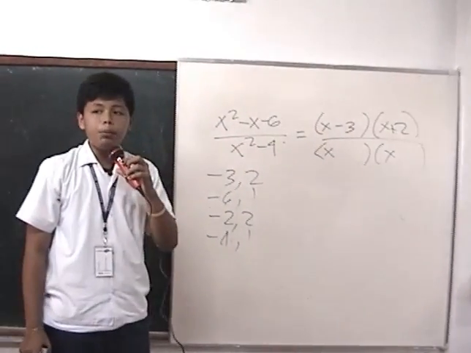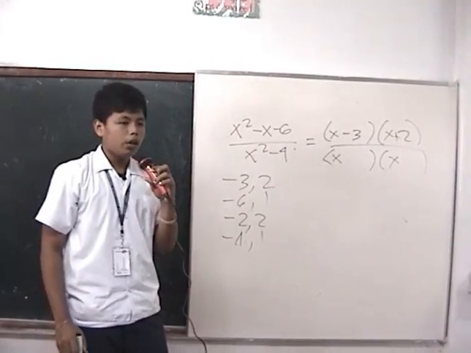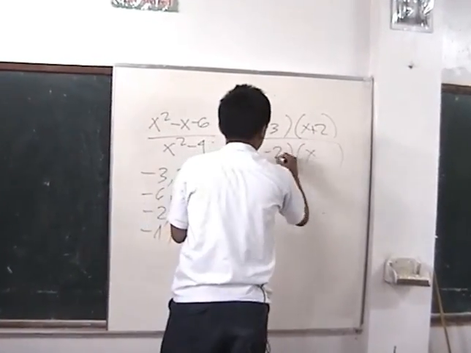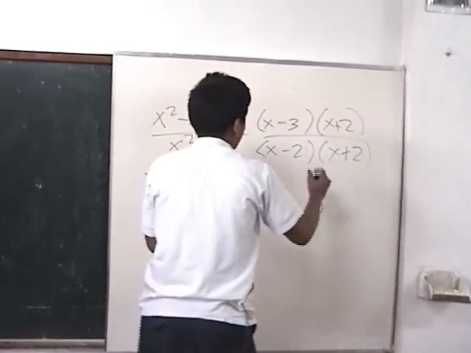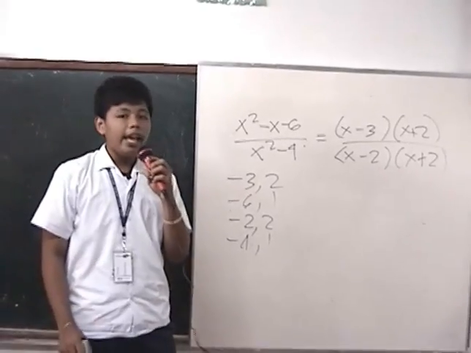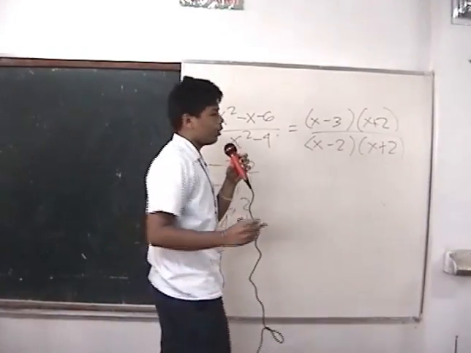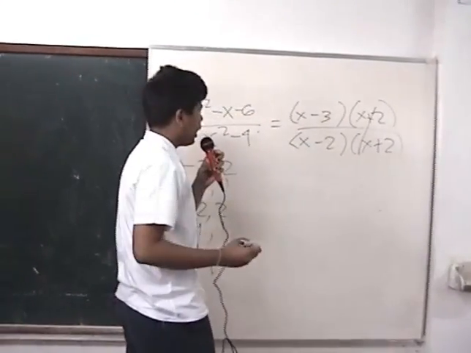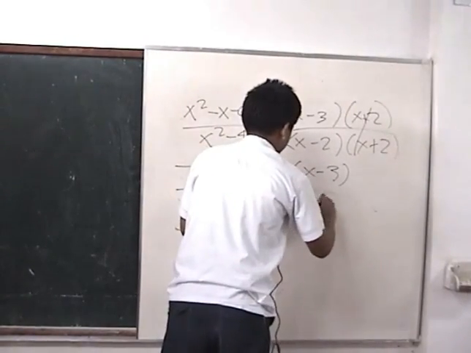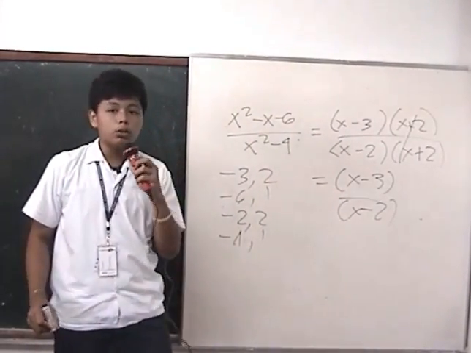But I use negative 2 and 2 because when summed up, the answer is 0, which is the middle term. And the common factor of that expression is x plus 2 and x plus 2. So I cancel it out. So the answer is x minus 3 over x minus 2.